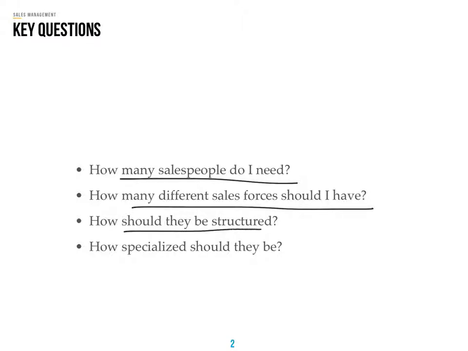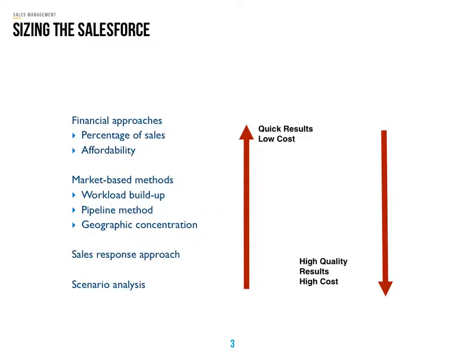How should they be structured? Should I structure them by geography, by type of customer, by type of product? How specialized should they be? Do I need a specific profile of a salesperson, or a different one?